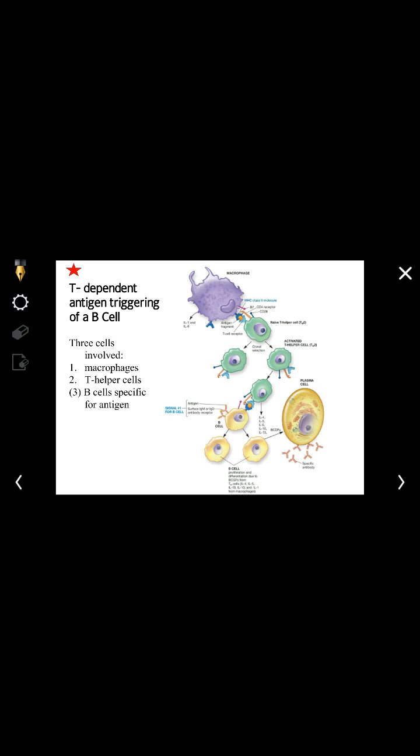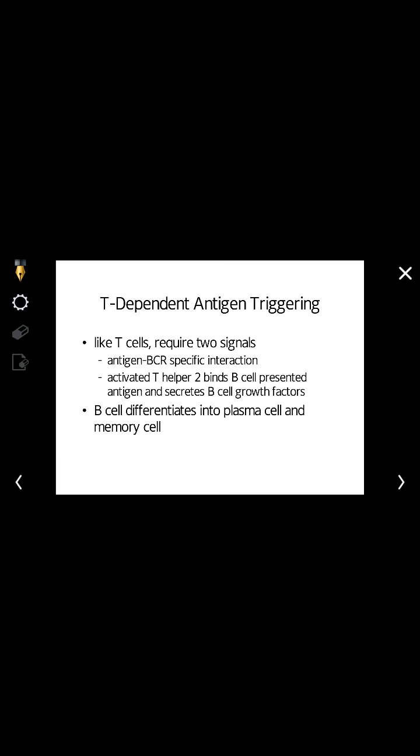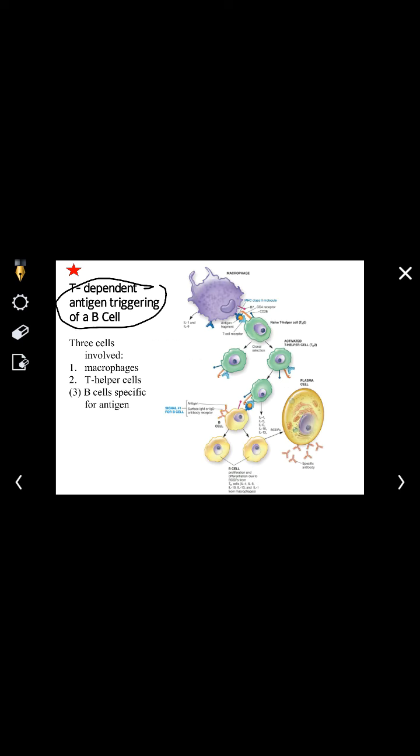When T-dependent antigen triggering of a B cell happens, it's the same thing. Here's an actual diagram of what I was drawing. Three cells are involved: macrophages, T helper cells, and B cells specific for an antigen.